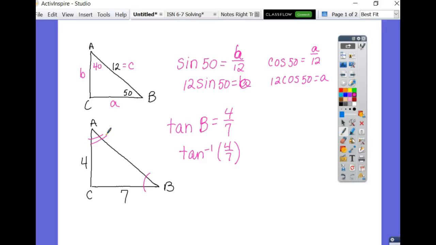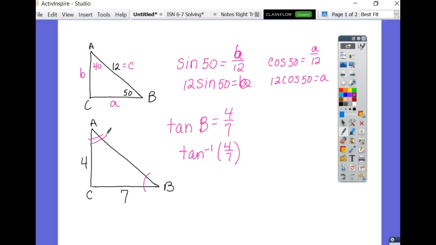But if I wanted to, I could have done 4 squared plus 7 squared, found the hypotenuse, then could I have done opposite over hypotenuse, and I could have done sine. Same thing, same answer, no matter what your choice is. They all give you the same answer, no matter which way you do it. So you want to do whatever makes the best sense to you.